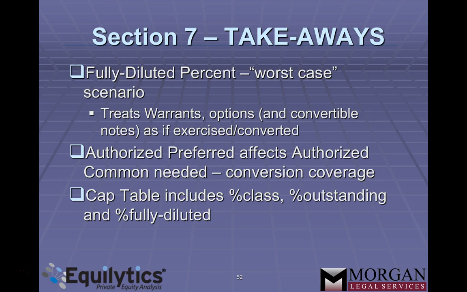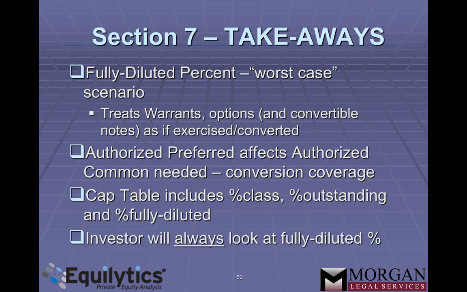And when an investor is looking at investing in the company, guess which way they look at it? Investors are always going to look at percent fully diluted and treat the company's ownership with all of these rights as if exercised. Okay, that concludes section 7.